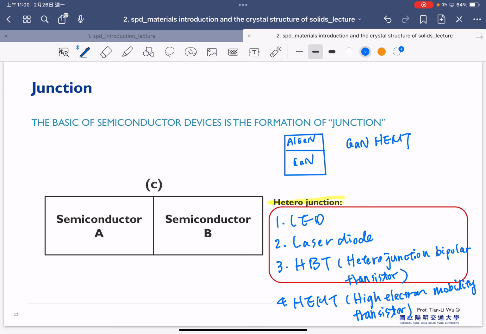And for sure, the interface between the aluminum gallium nitride and gallium nitride creates some very unique physics properties.